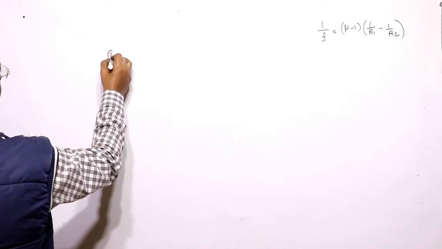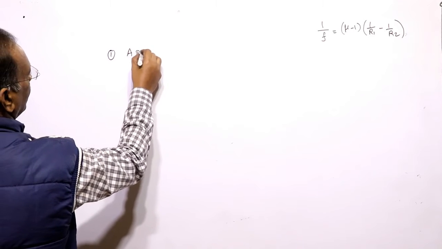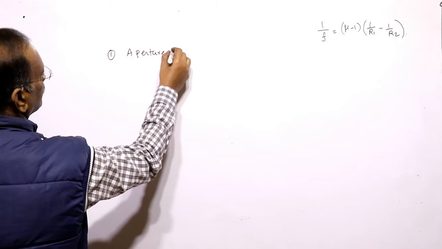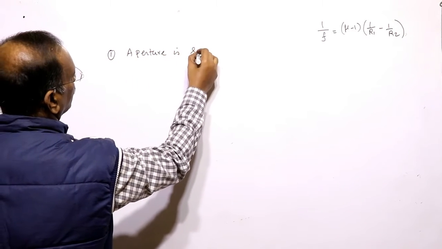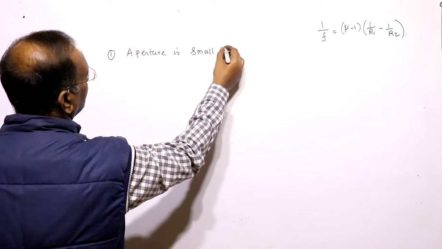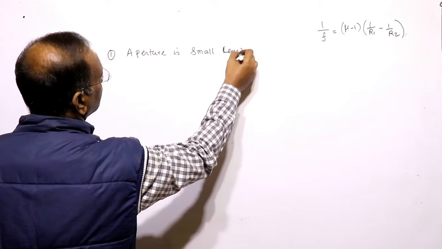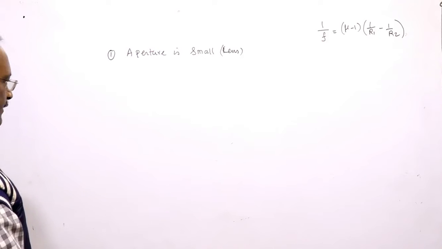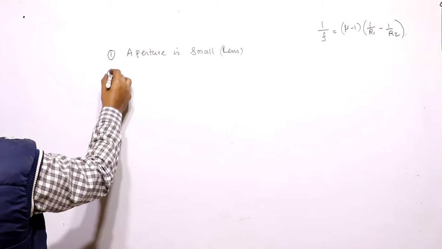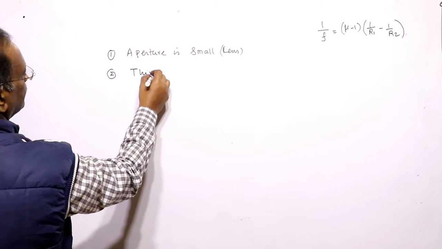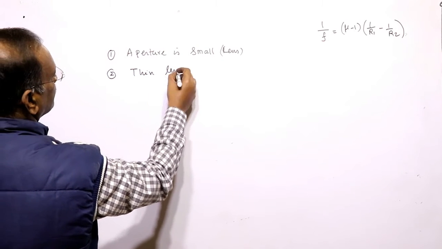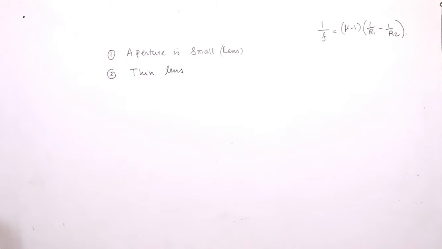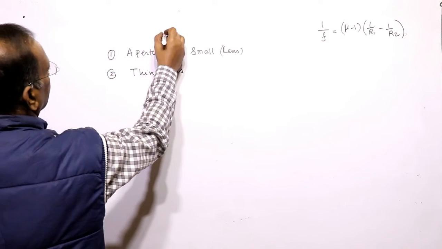First, the aperture of the lens is small. Aperture of the lens is small, and a thin lens is being used in deriving this formula, that is, the lens maker's formula.